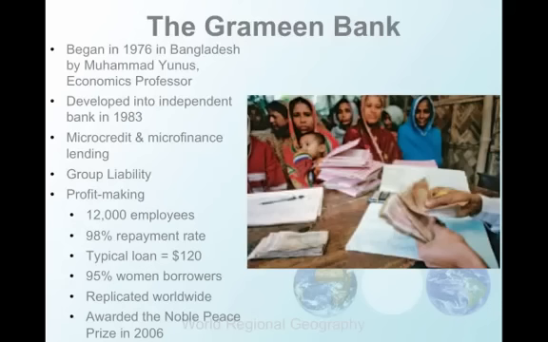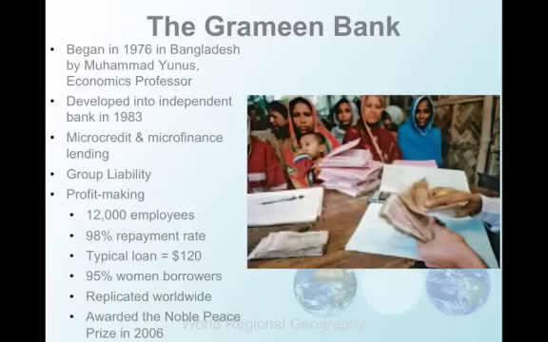Money is given to each woman in the group, and then women are expected to invest in a small business of sorts. They then, over time, repay the loan, and if a woman in a group is unable to repay the loan, then the other members of her group are expected to help her out and to repay her loan.